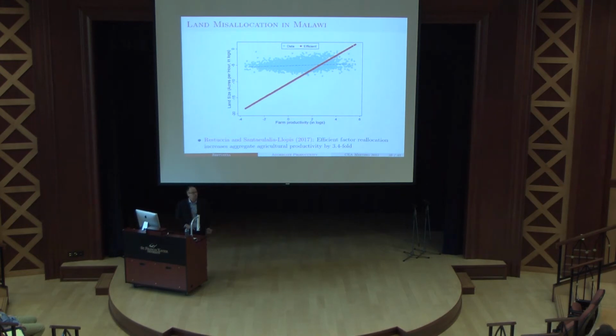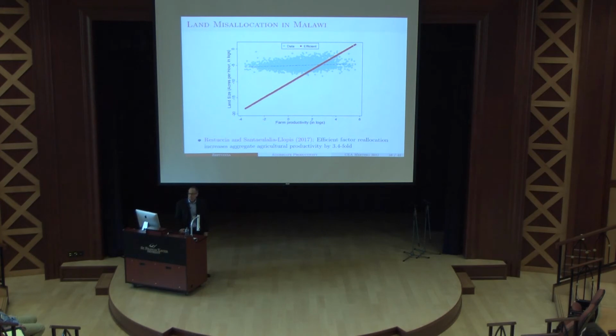Here's the allocation of land among farmers in Malawi. Okay, similar picture. We have farm TFP in logs and the land input that is operated by these farmers. And the blue dots are the data from very detailed micro data of farmers in Malawi.